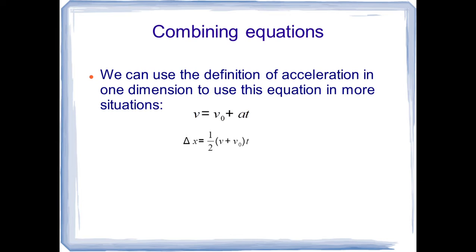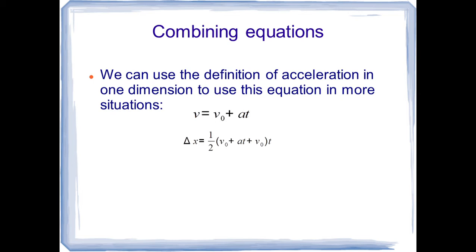So what I can do is take my second equation of motion, the displacement, and do a little bit of substitution. If you notice, I have v in the equation here, and I can replace the v in the lower equation. And so now that becomes v0 plus at plus v0.